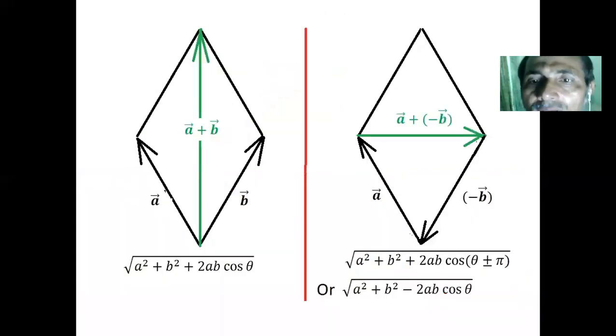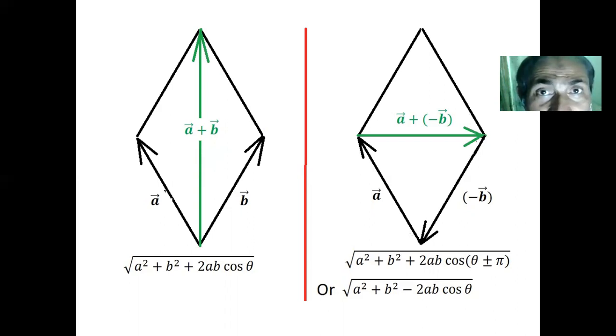And again, here you are seeing the two figures, the left side and right side. In the left side, the two vectors A and B are drawn with their tails coincident, and at the right side, vector B is inverted.